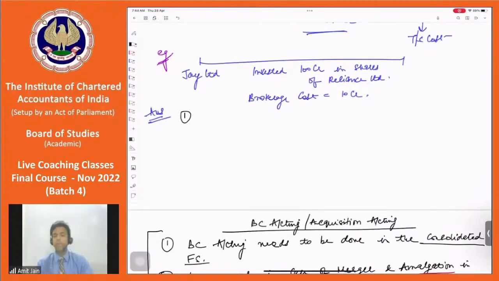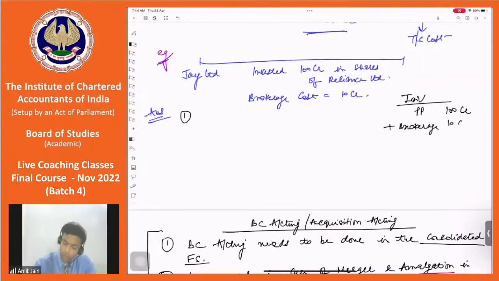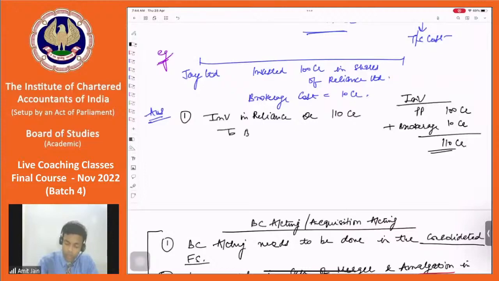First entry, you will say I have made an investment. What is my purchase price? 100 crores. Plus, I have paid brokerage as well of rupees 10 crores. So my net cost will be 110 crores. So you will say investment in Reliance, debit 110 crores to bank.